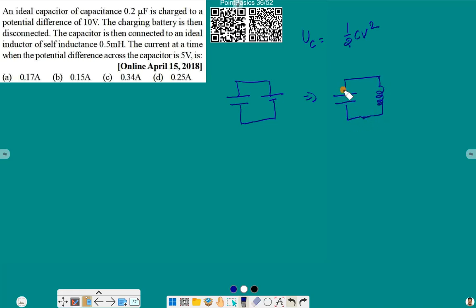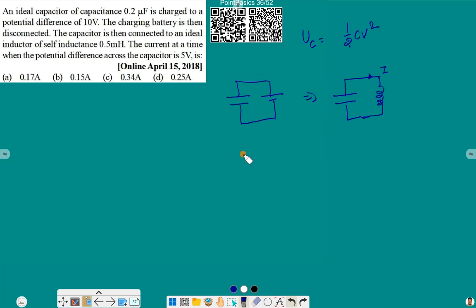So our capacitor will start discharging and there will be some current flowing in the circuit, and the potential across the capacitor will keep decreasing. Assuming that the wires are ideal and there is no loss of energy due to heat or resistance, the total energy in both of these systems will stay constant or equal.